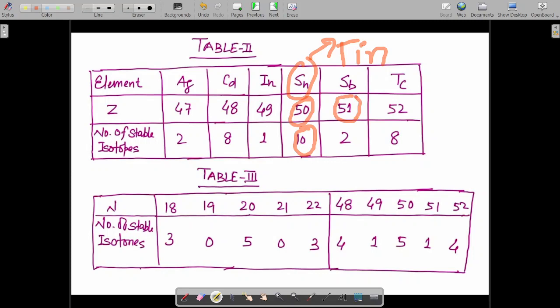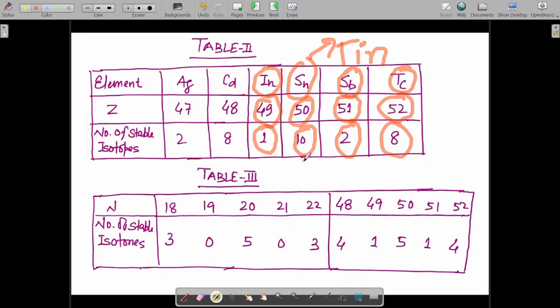But the neighbor antimony with 51 protons has only 2 stable isotopes. Similarly, the neighbor indium with 49 protons has only 1 stable isotope. Similarly, tellurium with 52 protons has only 8 stable isotopes.